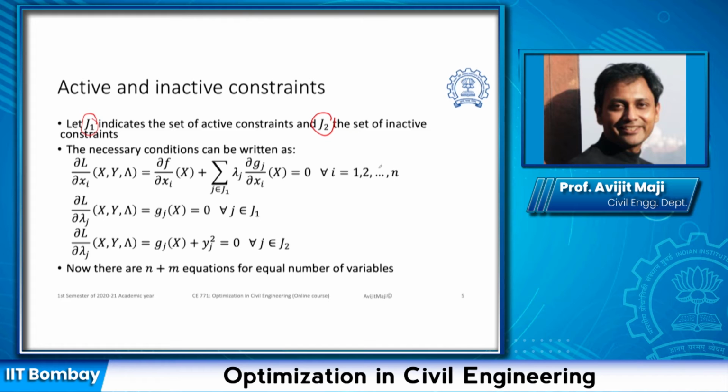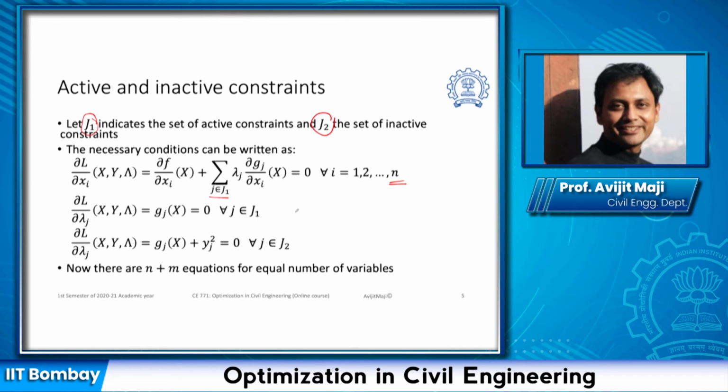As per the necessary condition, when we do the partial derivative with respect to the variables, we obtain n equations which we need to equate to 0, and of course this is going to represent the active constraints, because in other cases my lambda value is going to be 0, so those are not going to be present in these equations.